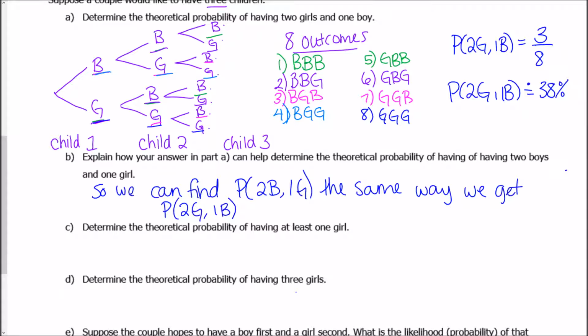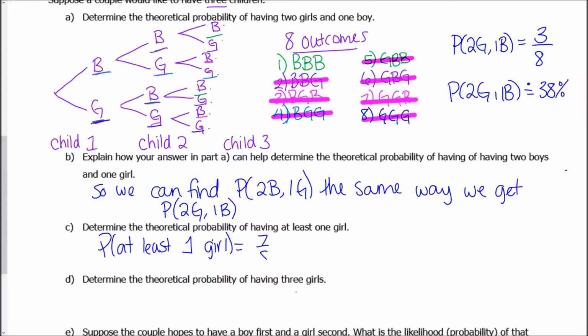So all the ones that have at least 1 girl, this one has at least 1 girl, outcome 3 does, outcome 4 does, outcome 5, 6, 7, and 8. All of these have at least 1 girl. So the probability of having at least 1 girl is going to be 7 out of 8.